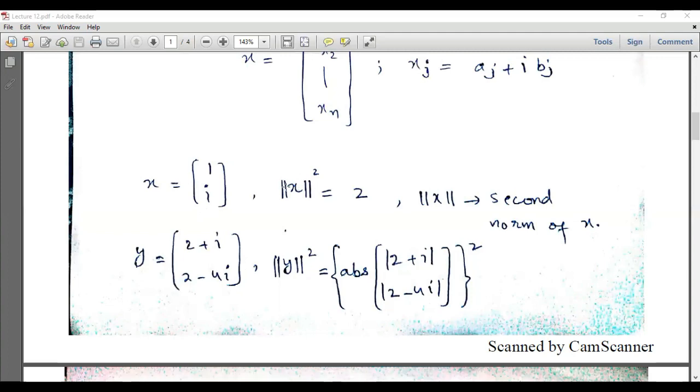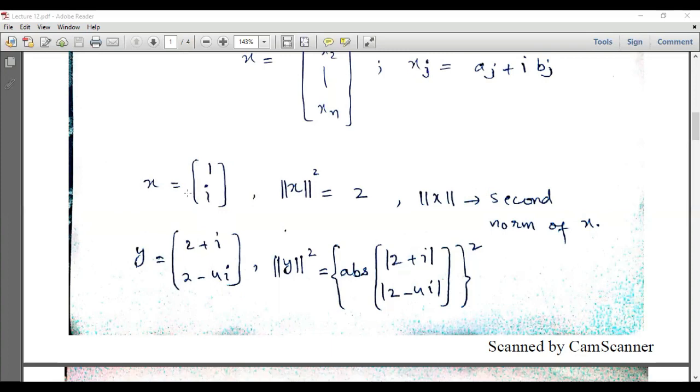Now, the second norm will actually convert this vector into a scalar. That will evaluate the magnitude of this vector, right? So the square of the first component plus the square of the second component plus the square of all components, and the square root. That second norm will convert this vector into a scalar number.